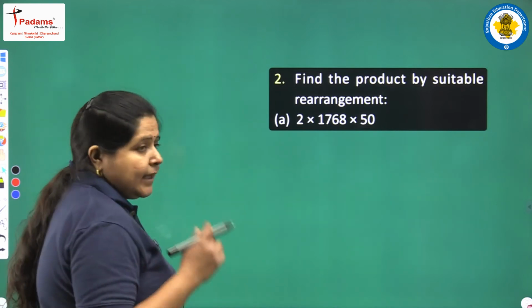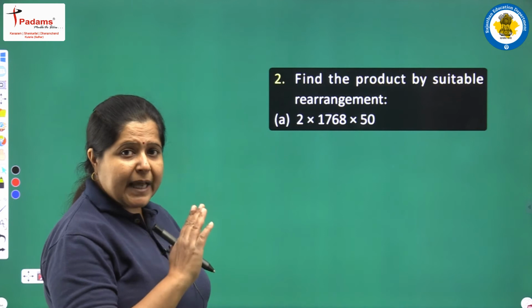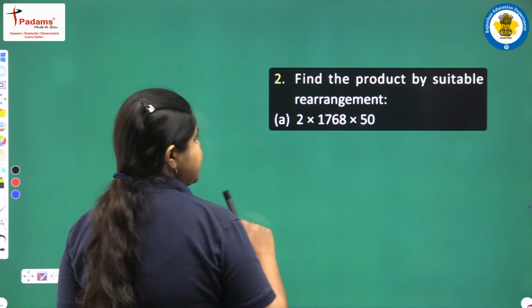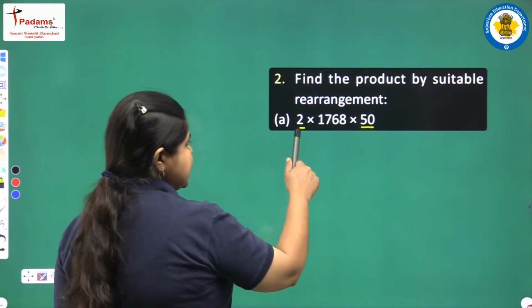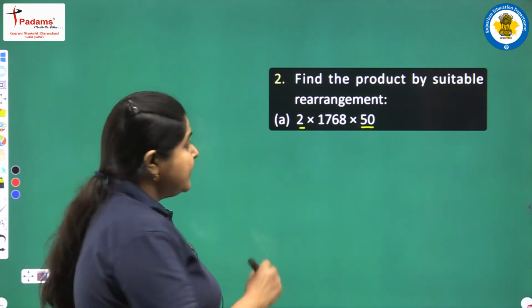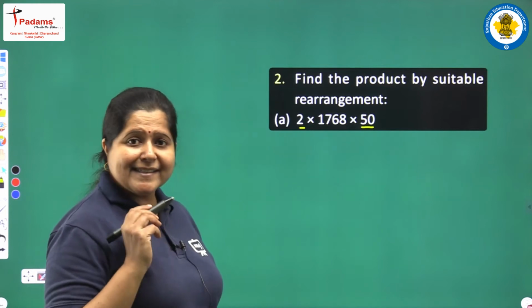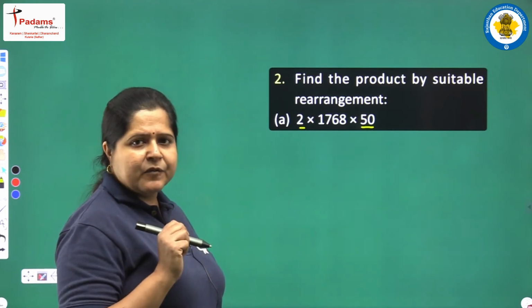So here again we will choose two numbers such that if we multiply them we get a 0 at the back. You can clearly see that this 50 and 2, if we multiply 2 by this 5, obviously this 0 is already there, but if we multiply this 2 and 5 we again get a 10. So then there will be two zeros and it will be helpful for us.